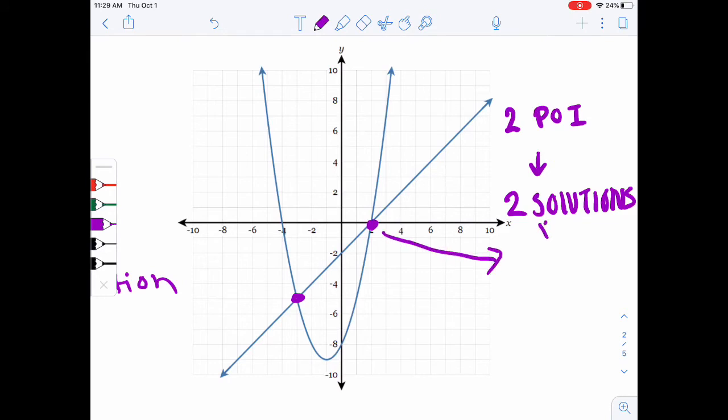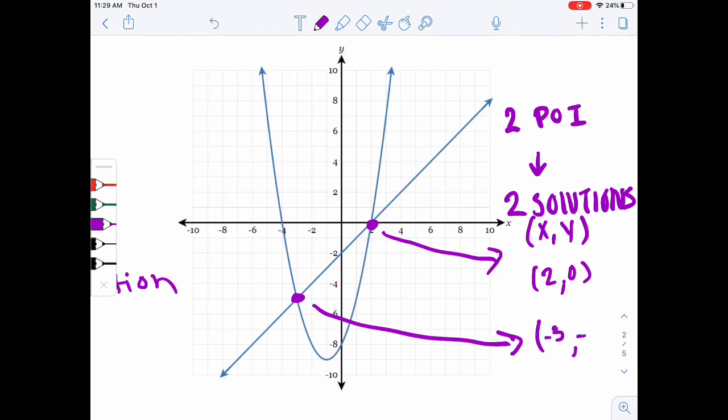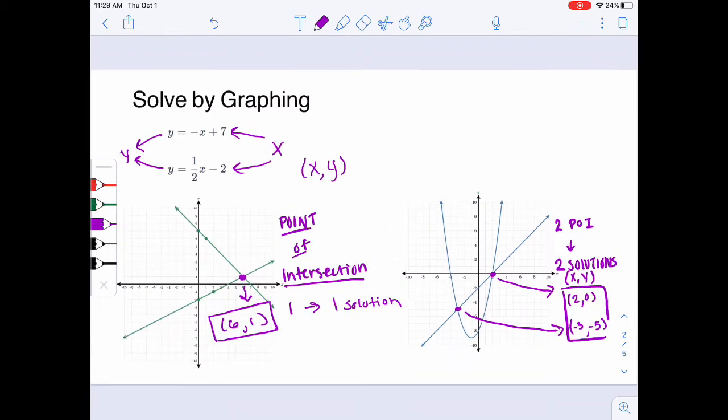Remember, the x value is always written first. And here you have your 2 solutions. In summary, when you're trying to solve by graphing, you need to look for your points of intersection.